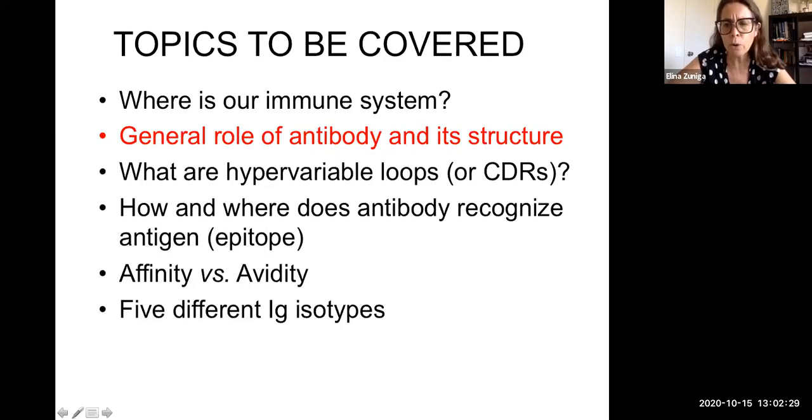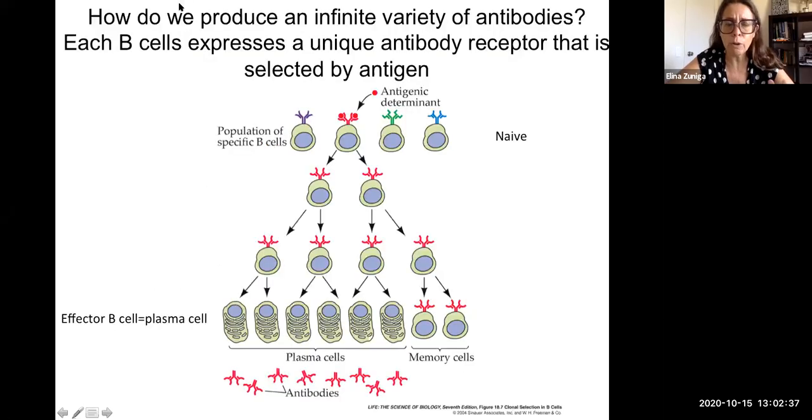So let's learn more about antibodies now. We already learned this, and we even had a question on it. So how do we produce an infinite variety of antibodies? Each B cell expresses a unique antibody receptor that is selected by the antigen.